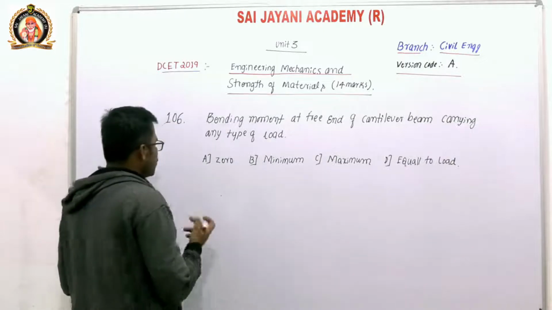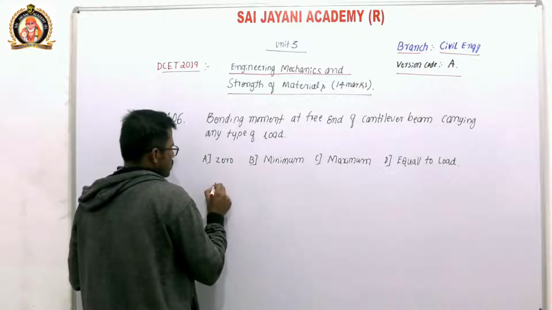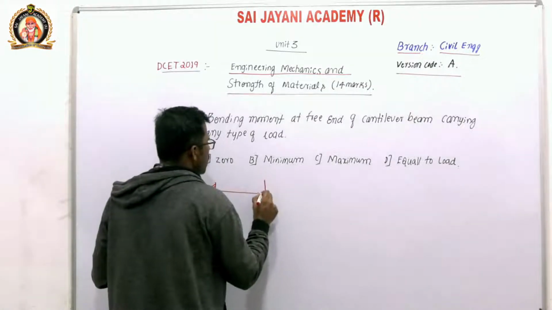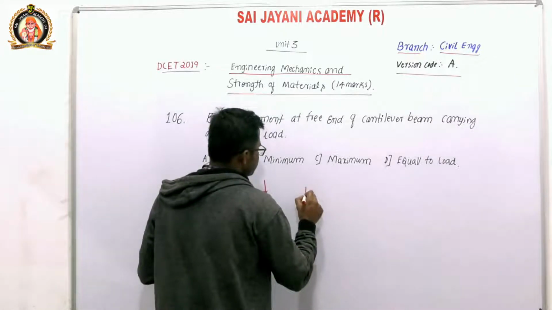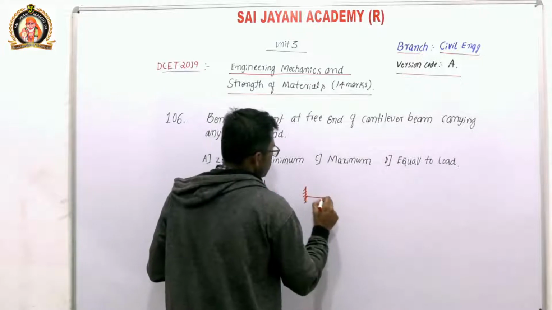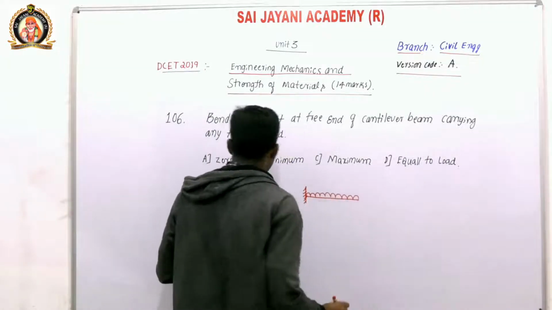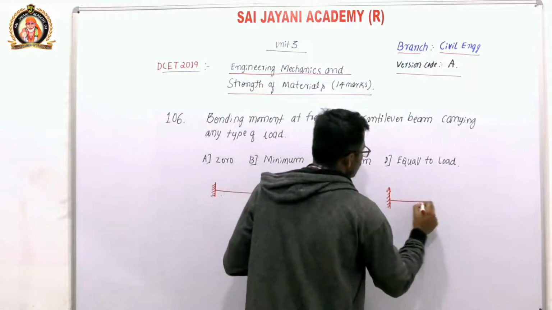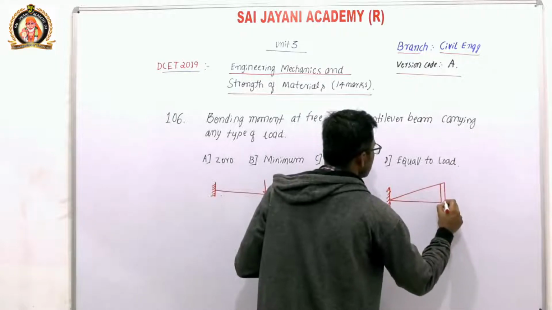For a cantilever beam we have three types of load. A cantilever beam subjected to a point load at its free end, a cantilever beam with UDL, and a cantilever beam with UVL, that is uniformly varying load.